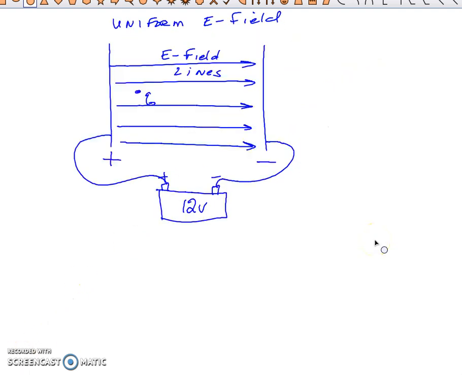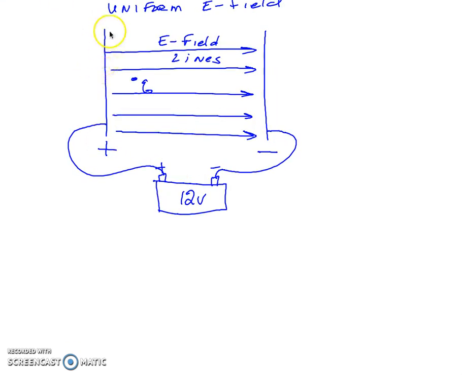One way to create a uniform electric field is to connect a battery to two plates that are parallel to each other. So this line represents one parallel plate, and this line represents another. And because this plate is connected to the positive terminal of our battery, this plate becomes positively charged, which means some of the electrons will move towards the positive terminal, and some electrons, the same amount as a matter of fact, will move towards this plate.